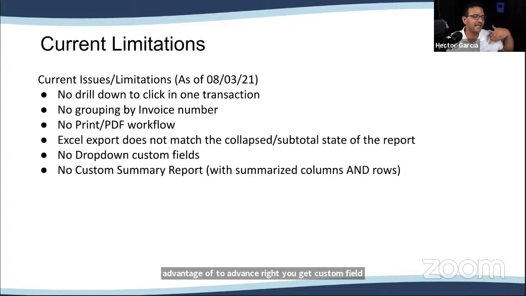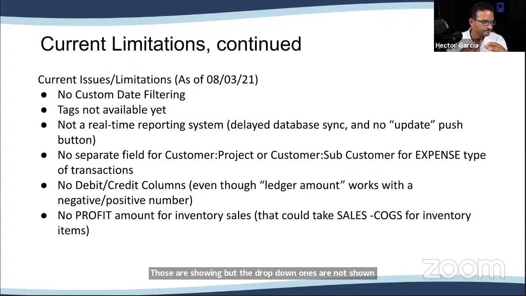It makes no sense to pay extra for QBO Advanced if I can't report on those custom fields. To be fair, the regular reporting system works great with custom fields, but they haven't added it here yet. The non-drop-down custom fields, the old school fill-in data, free-form type, those are showing, but the drop-down ones are not showing.